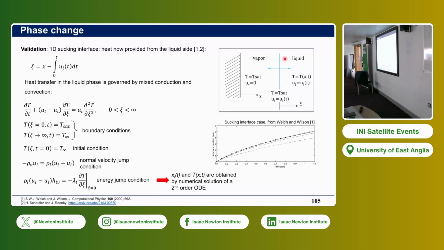So here you have vapor, here you have liquid. The vapor will remain at T sat. In the liquid you will have a thin thermal boundary layer being generated. This is T infinite.